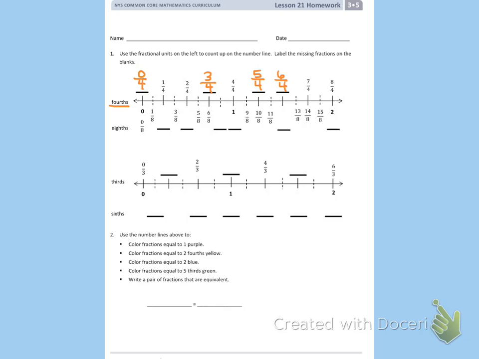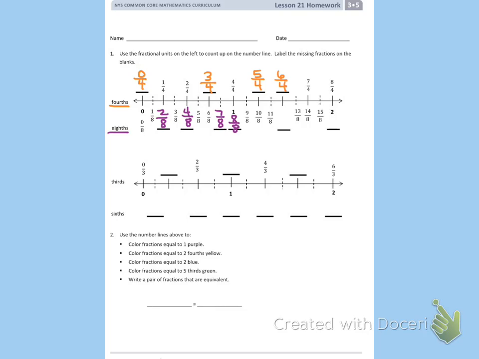The fractional unit listed on the left is eighths. First there's 0/8, 1/8, 2/8, 3/8, 4/8, 5/8, 6/8, 7/8, and 1 whole is the same thing as 8/8.